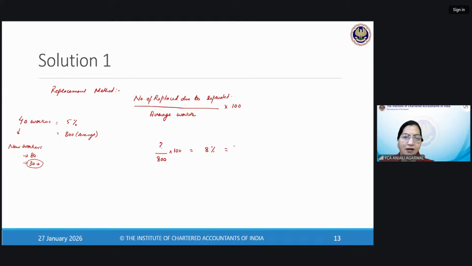So that means how many workers are replaced? 64. 8% of 800. So 64 workers have been replaced.